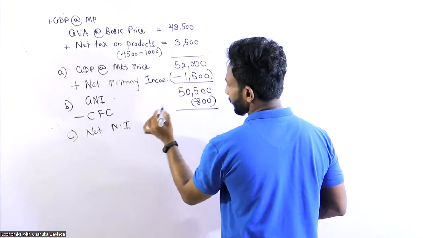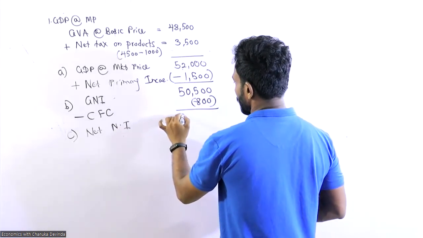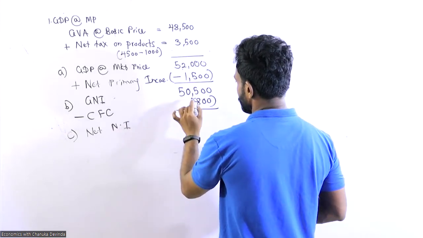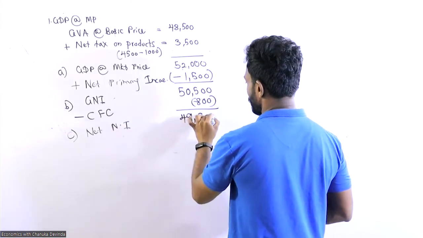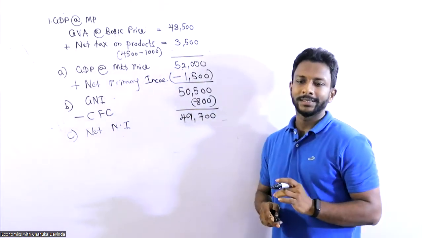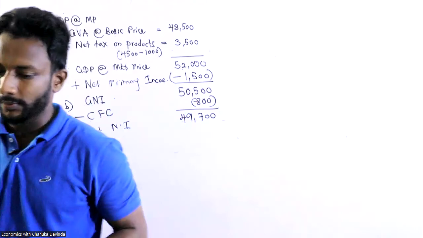You have to deduct that, then you can calculate NNI, net national income, 49,700. Write it down.